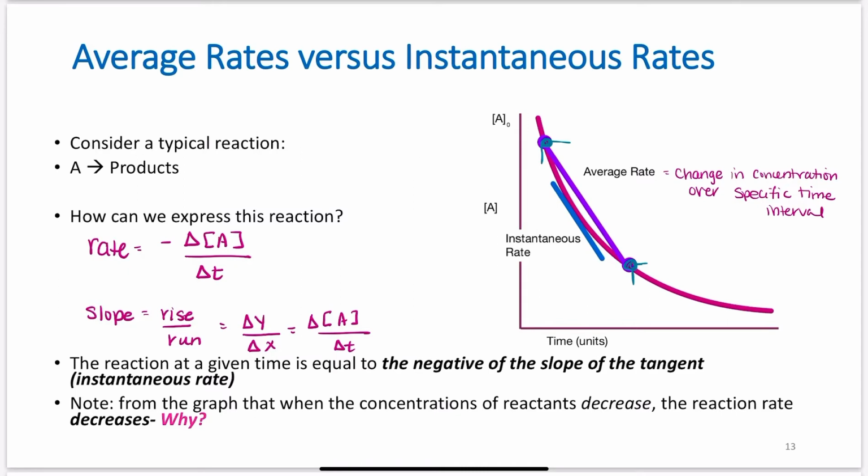But the instantaneous rate is defined as the negative slope of the line tangent to the curve. And this is at a specific point in time.